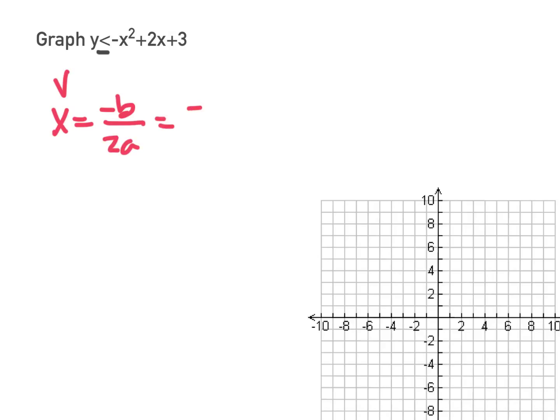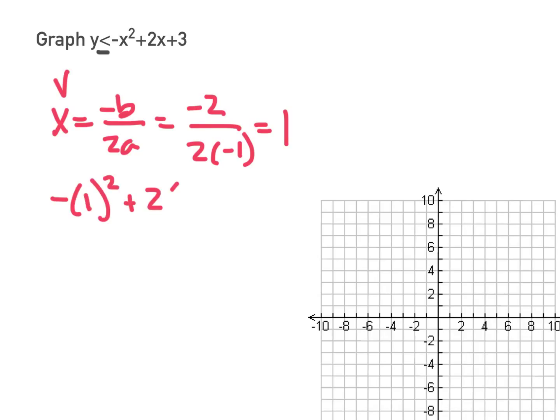In this case, that would be negative 2 over 2 times negative 1. So negative 2 over negative 2 is 1. That's the x-coordinate of the vertex. To find the y, you plug it back in. So negative 1 squared plus 2 times 1 plus 3 is 4. So my vertex is at 1, 4.